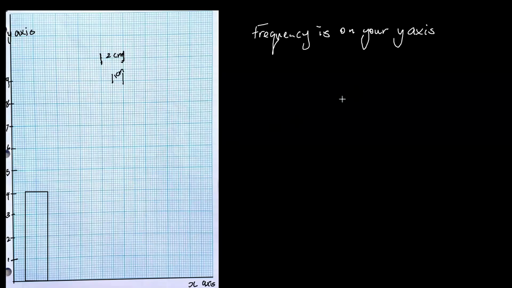So the frequency is on the y-axis. I don't have enough space to write frequency, but just remember that. The next one is 5, but 5 is going up to 9.